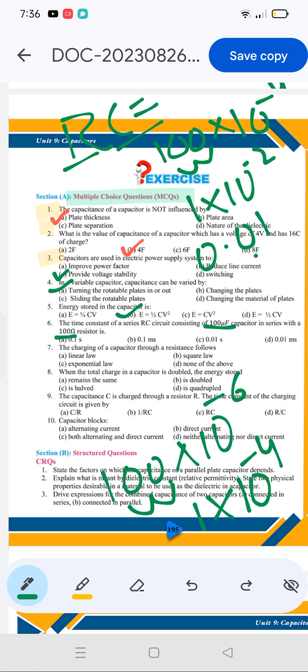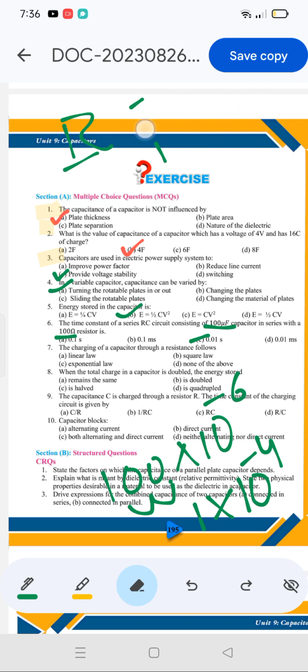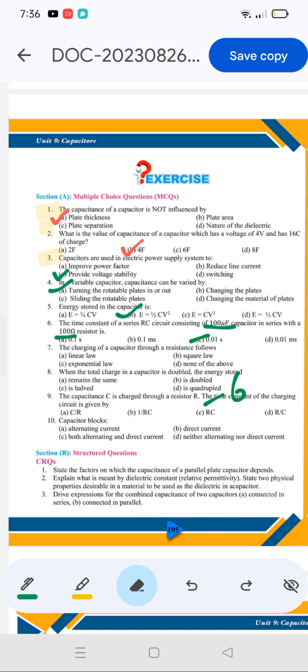So the answer would be 0.01 second, because this is the time constant. I hope this is very much clear to you now. Since RC is the time constant, the unit of it would be second, right?